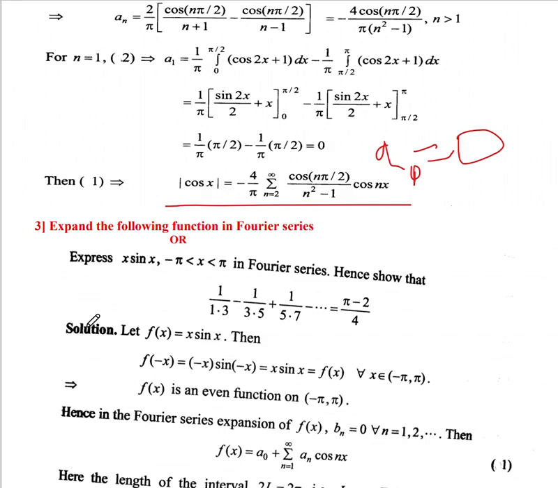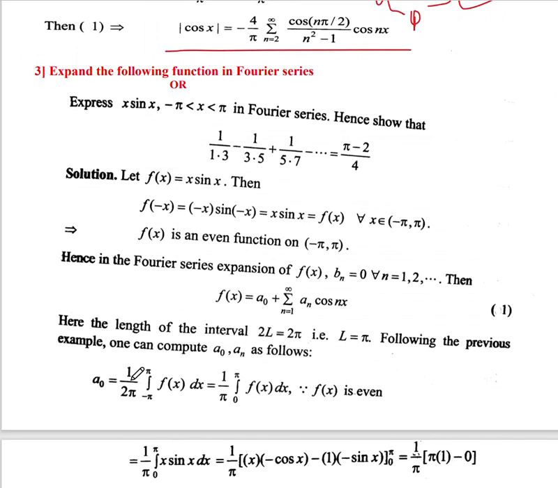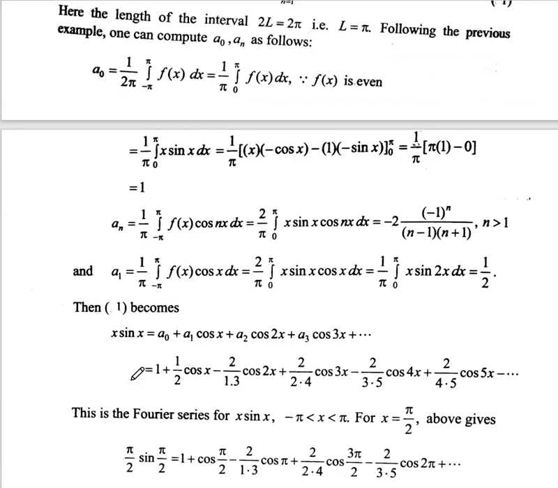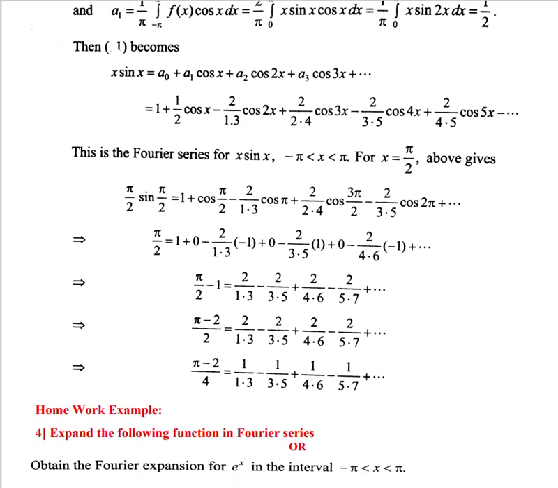You have to read the first two problems, then try to solve this third problem. This third problem is again the same as the previous two problems. You can see how it is solved step by step. You have to try these problems.